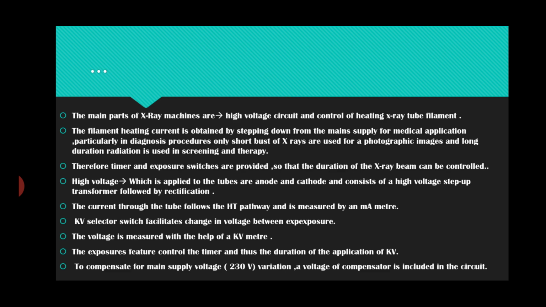The voltage is measured with the help of a KV meter. The exposure switch controls the timer and thus the duration of the application of KV. To compensate for mains supply voltage variation, a voltage compensator is included in the circuit.